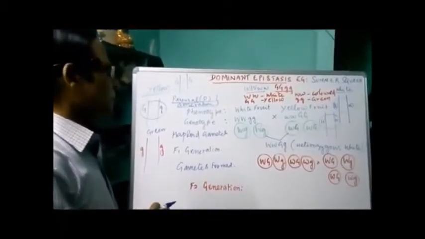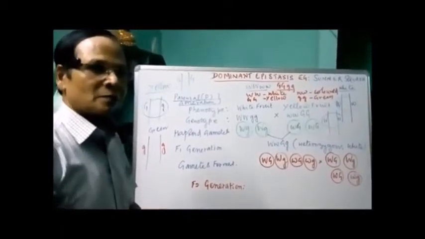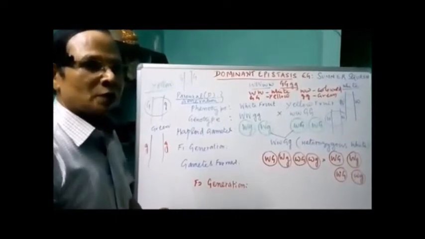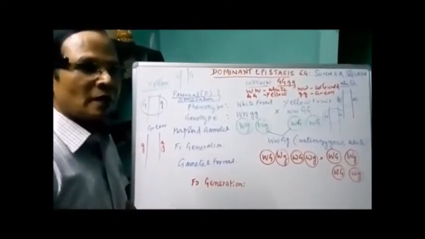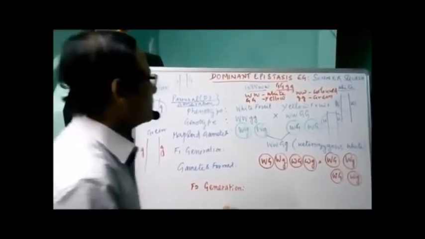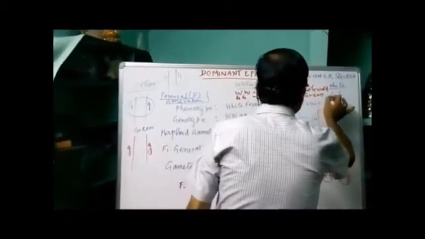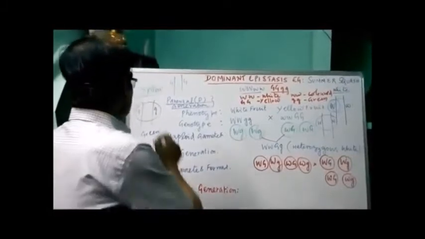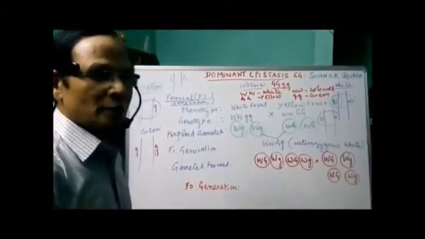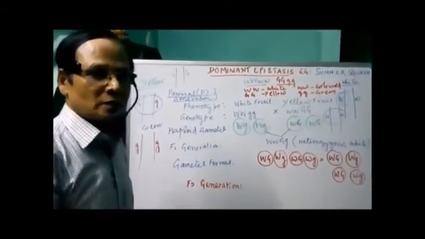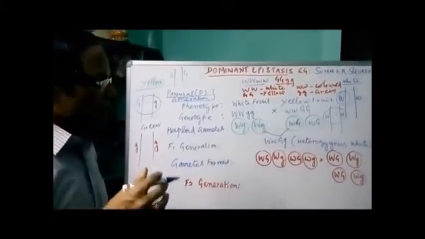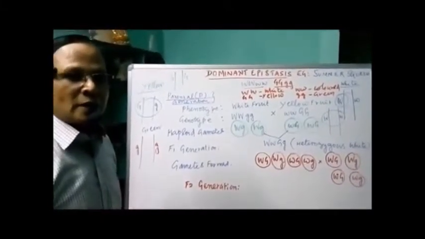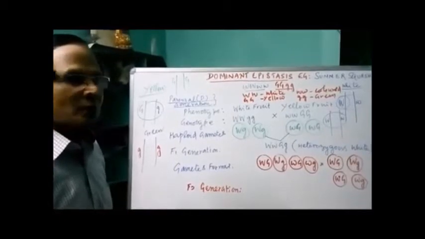Now the gene that interferes with or masks the phenotypic expression of another allele at another locus is called the epistatic gene. Here W is the epistatic gene. Whereas the gene whose phenotypic expression is interfered with is called the hypostatic gene.